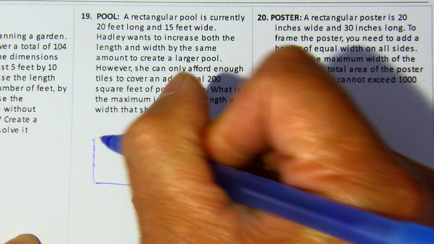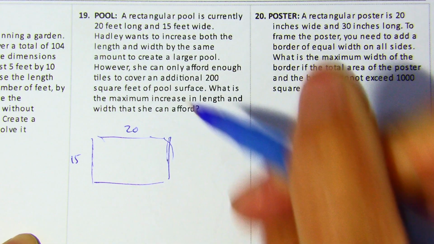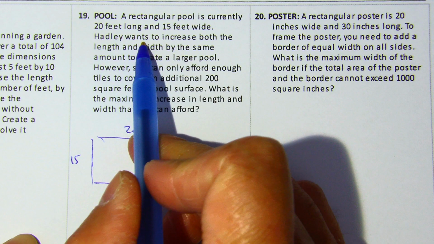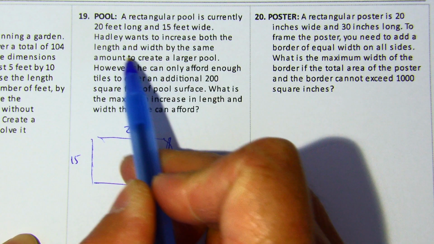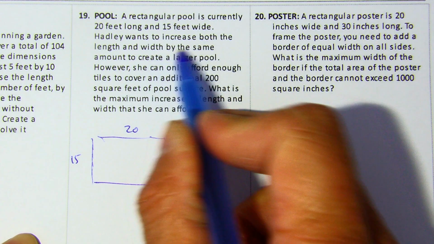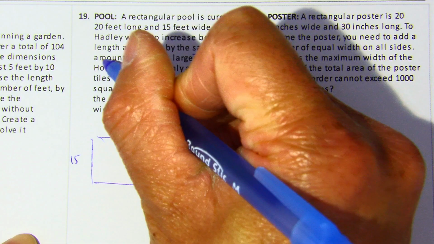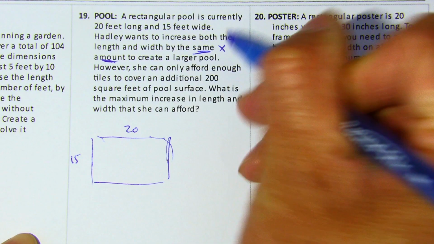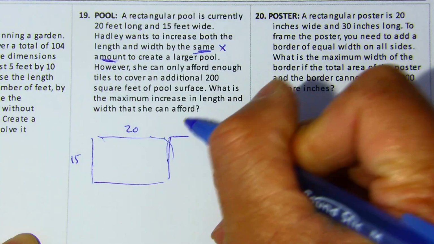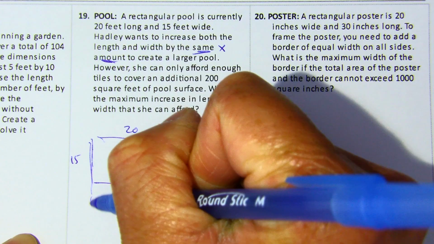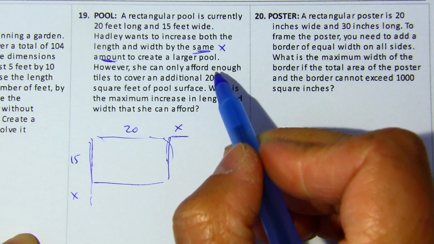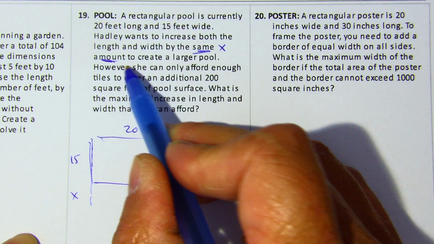This is 15 and 20. Hadley wants to increase both the length and the width with the same amount. So the same amount is going to be x. So here, also x, to create a larger pool.